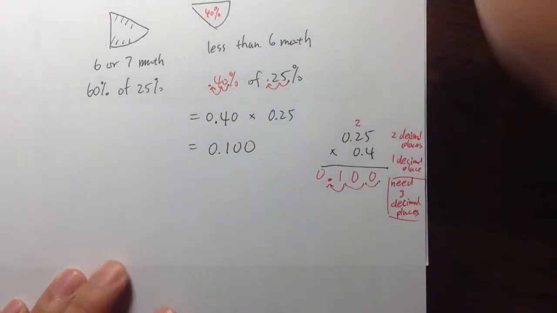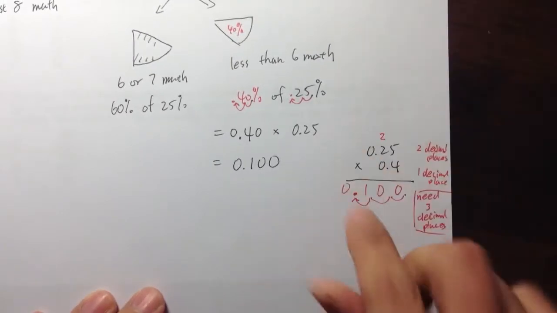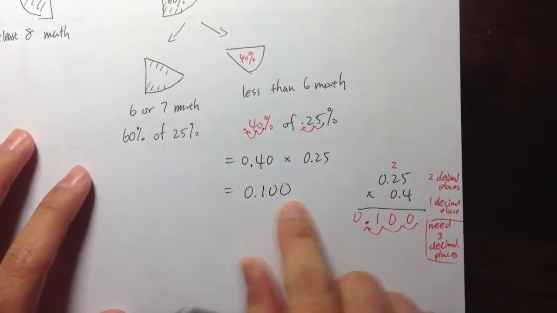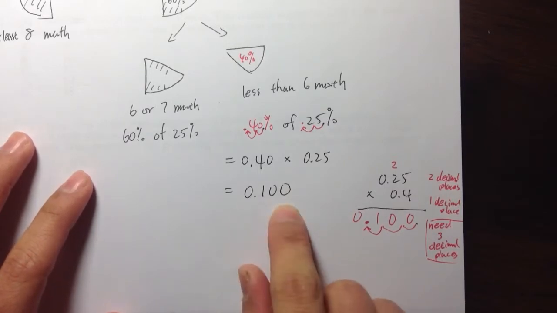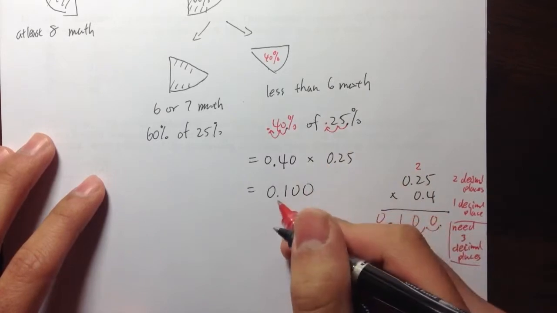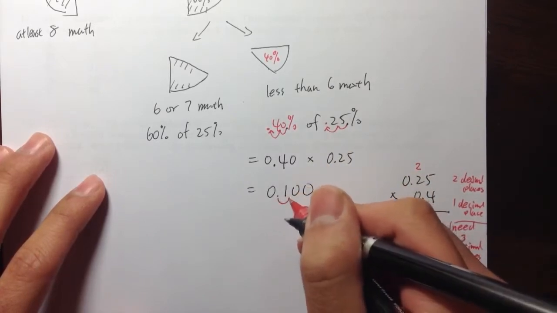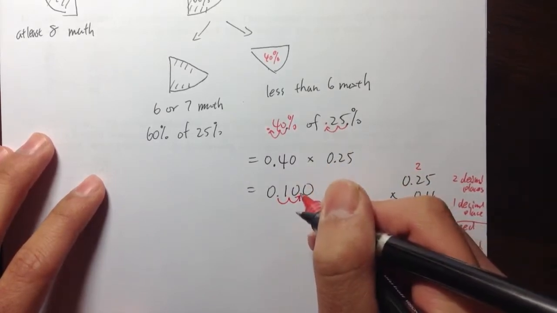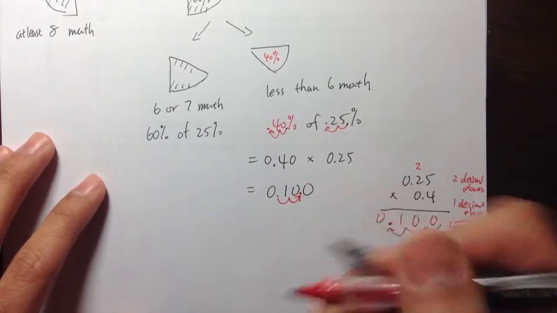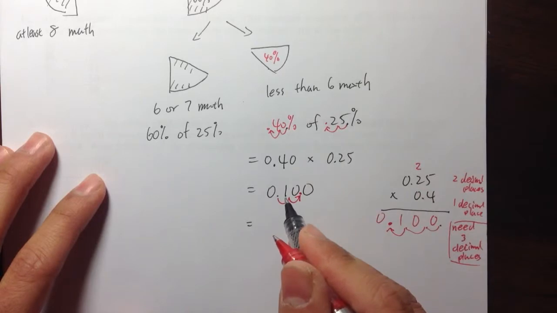0.100. And if you take a look at the answer choices, we want percent. This is a decimal, so we need to change this decimal back into a percentage. What we can do is take this decimal point, move it once, move it twice to the right, and I'm going to put my new decimal point right there. And then this is going to give me 10, right?